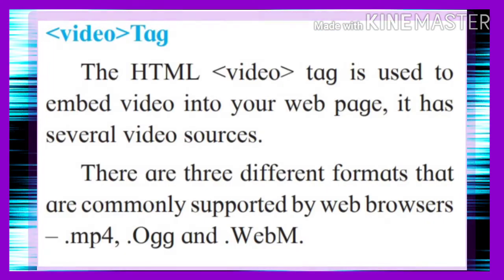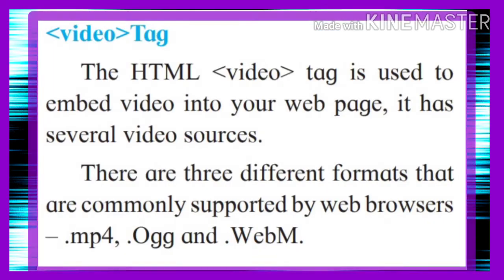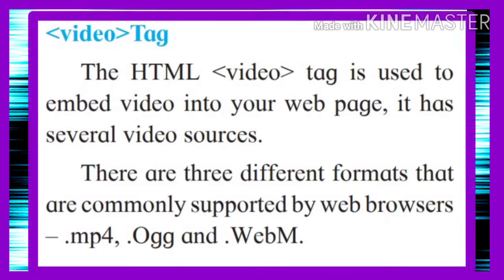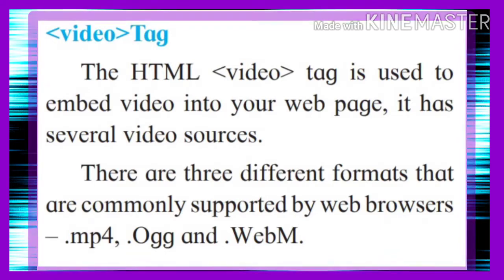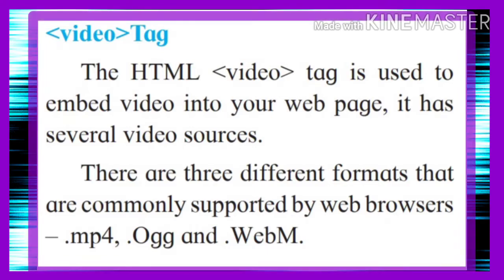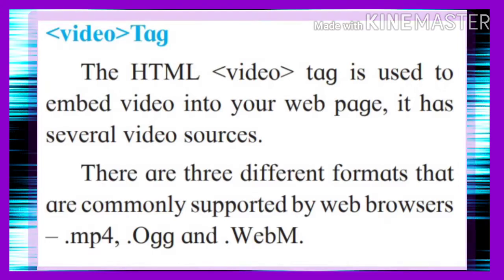To add the videos on the web pages, video tag is used in HTML5. You can use several video sources by using video tag. There are 3 different video formats that are commonly supported by the web browsers: .mp4, .ogg and .webm.